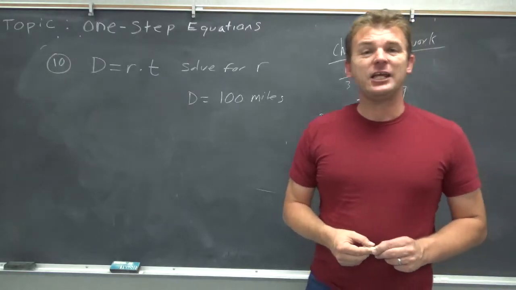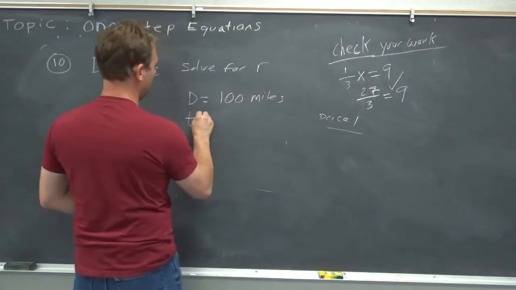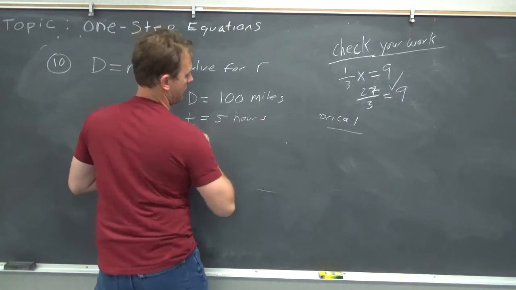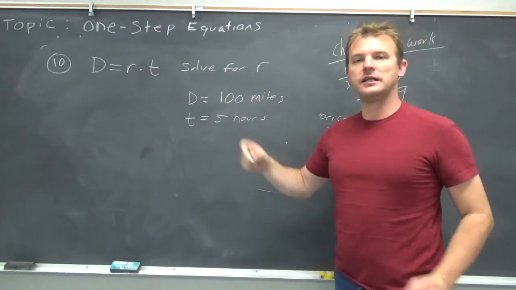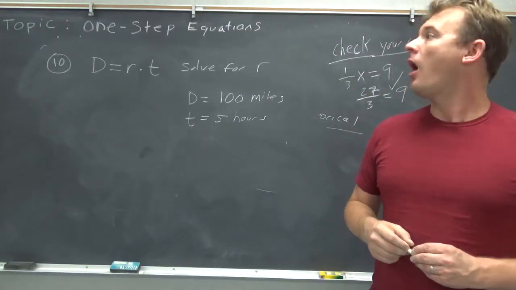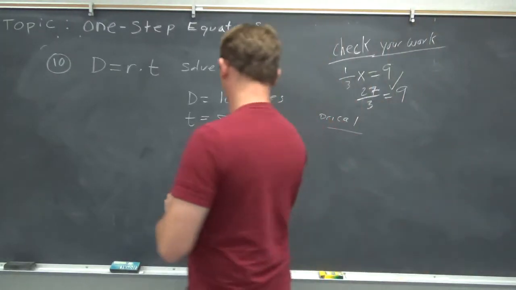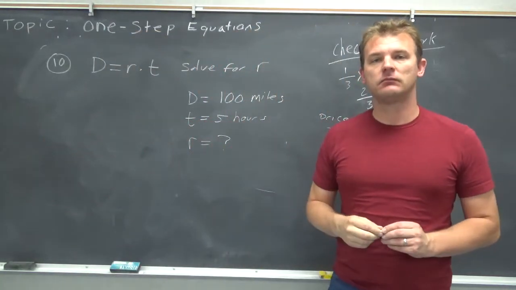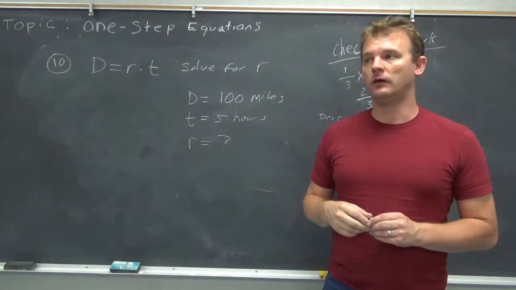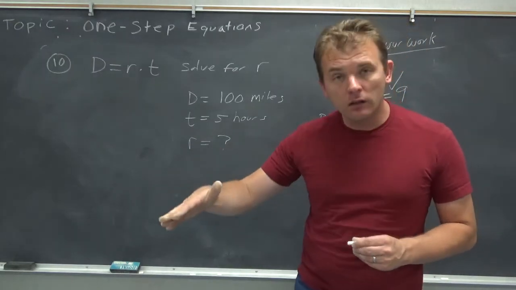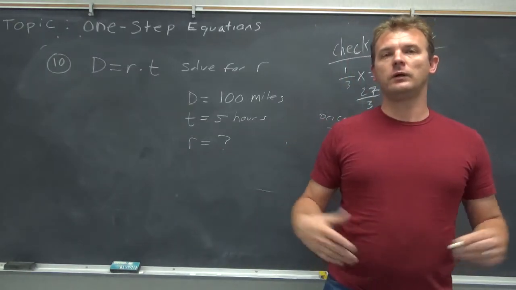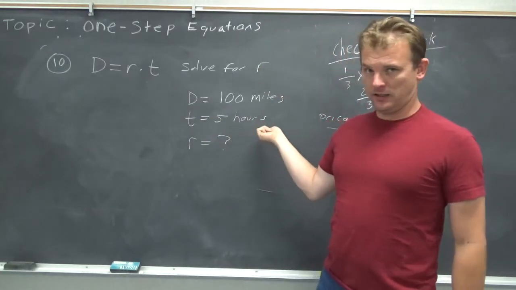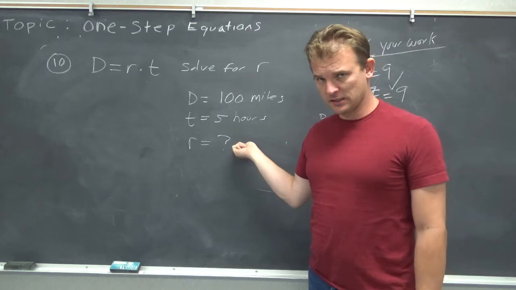It's going to take you 5 hours to get there. You want to find the rate that you go. Well, if I go 60 miles an hour, when will I get there? Well, this equation will help you discover this.